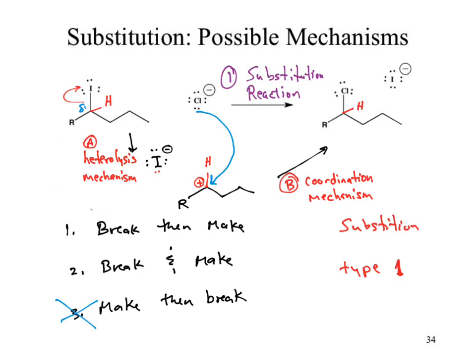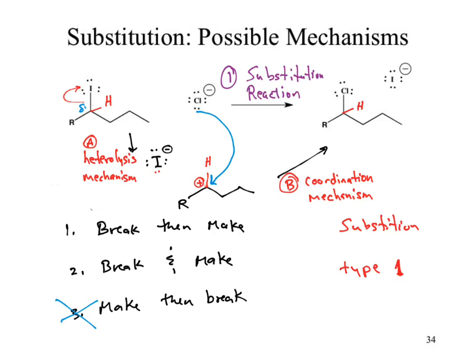In this substitution reaction, I now want to evaluate the pieces that were involved in it. The heterolysis split the bond, and then I had something attack that structure. What was the name of that something attacking? Chloride. Phenomenal answer, not the one I want.